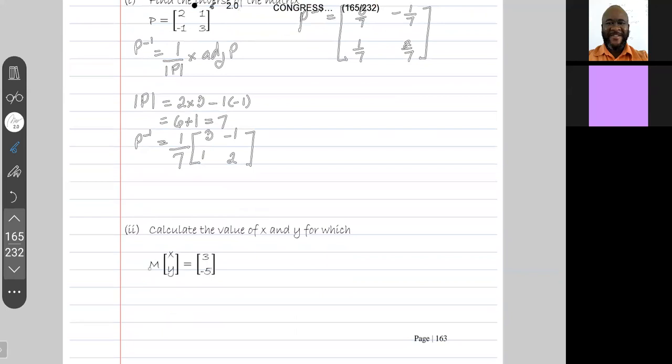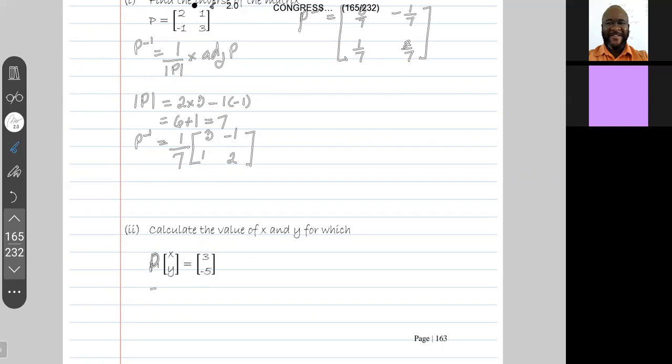All right, this says M here, but it should have said P. This says calculate the value of X for which P times the column matrix X, Y is equal to 3, minus 5.